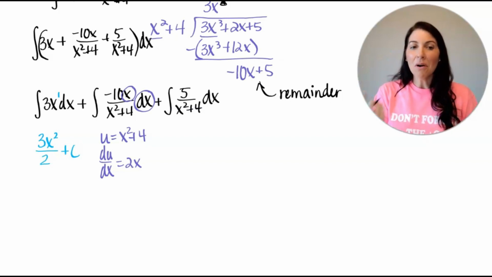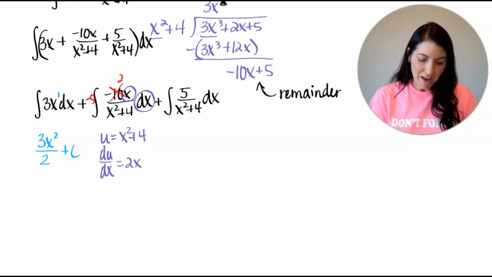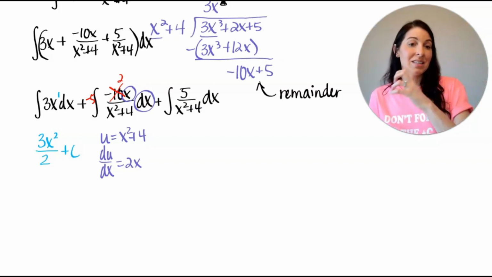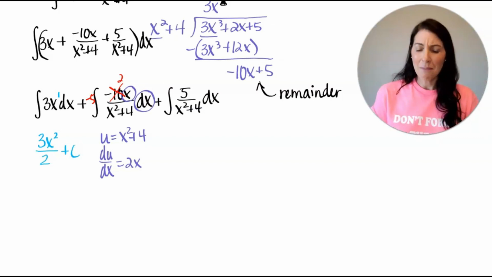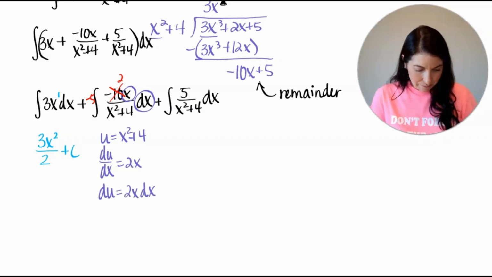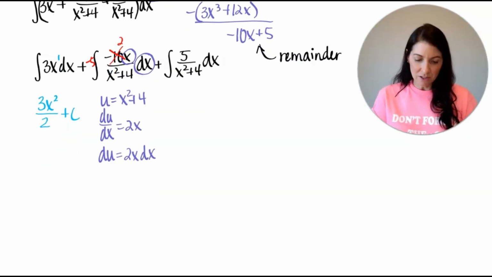Now one strategy I really like is that some people may replace this with a 2 and bring the negative 5 out in front. And I think that's clever too, because then you can replace the 2x dx with du. I might go that strategy actually. Let's do that. Let's have du be 2x dx. And so now I can replace that entire 2x dx with du.